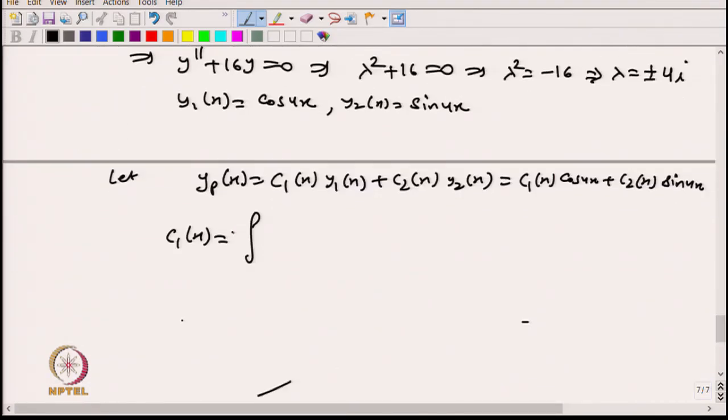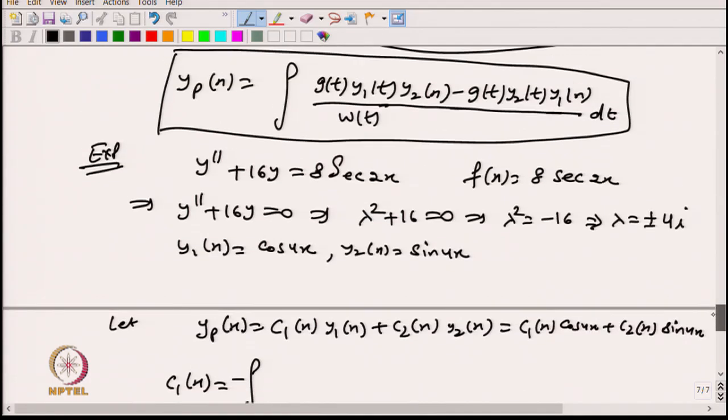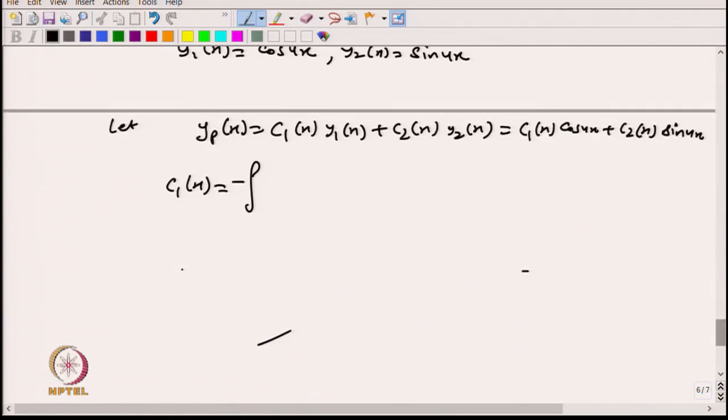Here g(x) is the function on the right hand side, which is 8 secant 2x, and y2(x) is sin 4x. So, this will be sin 4x divided by the Wronskian W(x) dx.